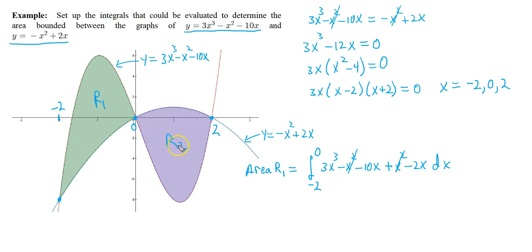Now the area of region R2, now the upper curve is the quadratic and the lower curve is the cubic polynomial. Now notice we're going to integrate from 0 to 2 to find the area of this region. And now the upper curve is this one.